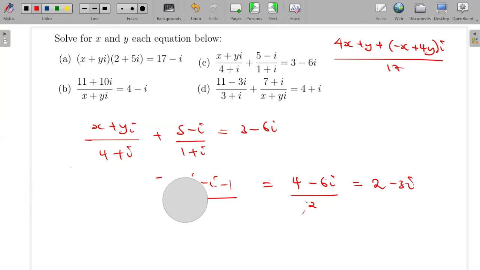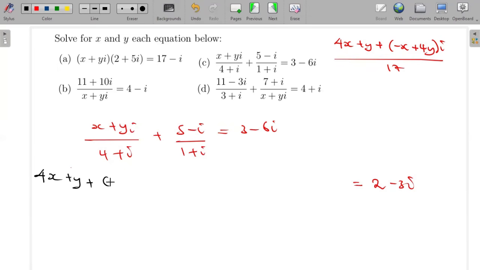Then I just replace here. So you have 4x plus y, plus negative x plus 4y times i, over 17, then plus 2 minus 3i. And this is equal to 3 minus 6i.